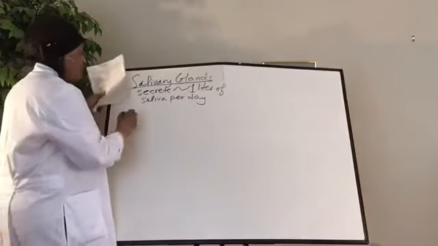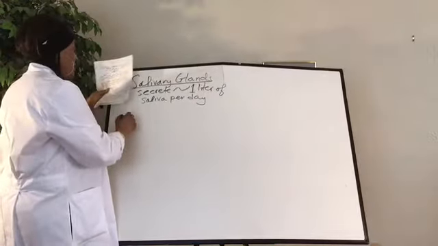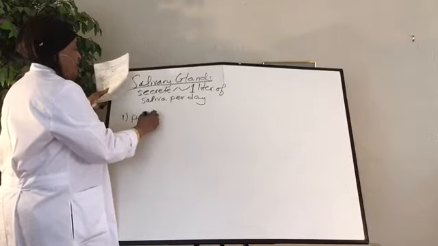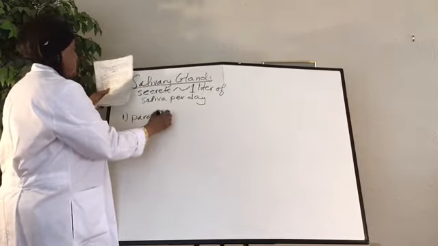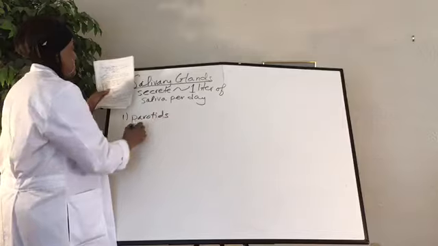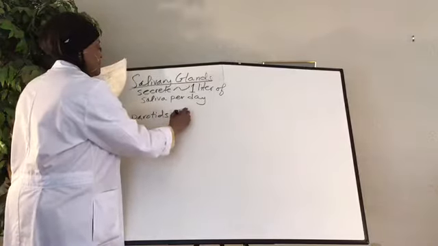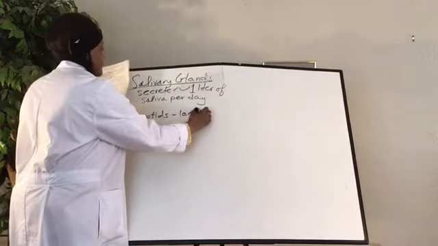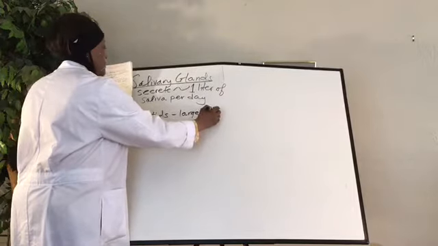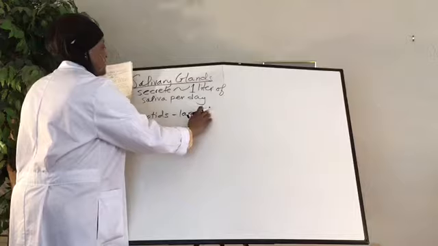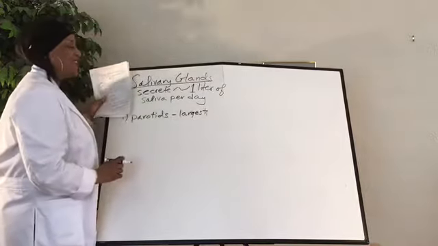And they're paired. So you have a parotid. The parotids, these are the largest salivary glands.